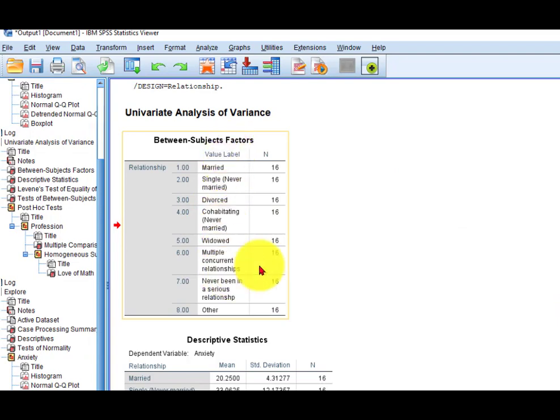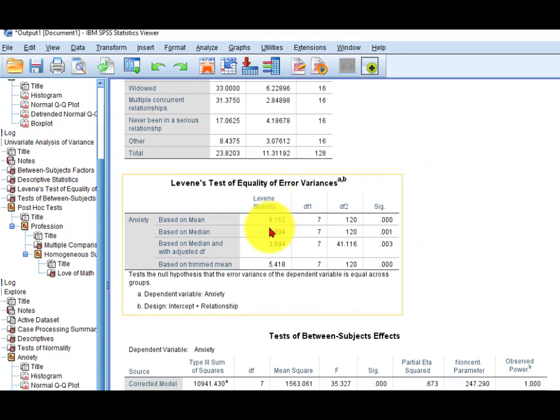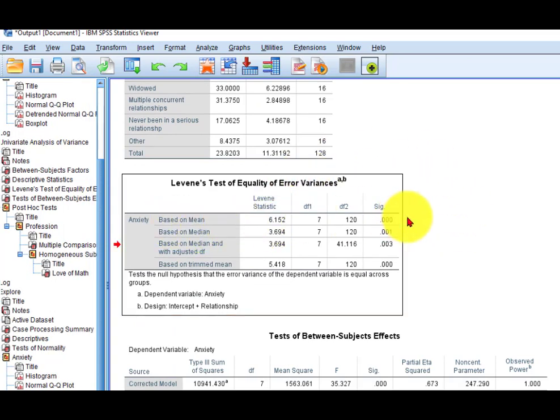So here's how many are in each group, and there are the means. Right off the bat, you've got other, who is an 8. That's really, really low, so they don't have any anxiety whatsoever. But some of these are really, really high, so there's going to be a difference. The bad news is the assumption of homogeneity of variance was violated, so the variance wasn't the same for the groups.